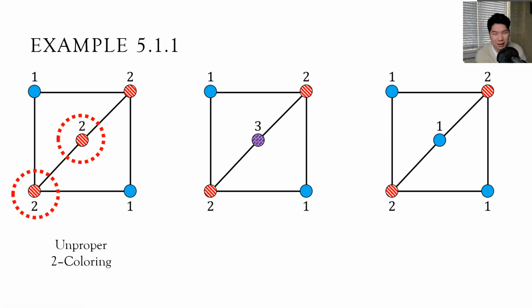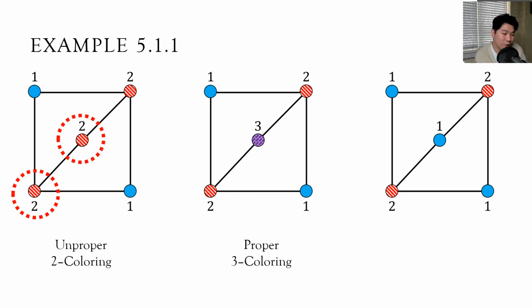So if I look at all of these vertices, for all of my colors, I don't have any pair of adjacent vertices sharing the same color. We can verify that very quickly just by directly looking at it. So this is a 3 coloring, and in fact, it is a proper 3 coloring. Again, proper meaning that for any pair of adjacent vertices, I do not have the same color.